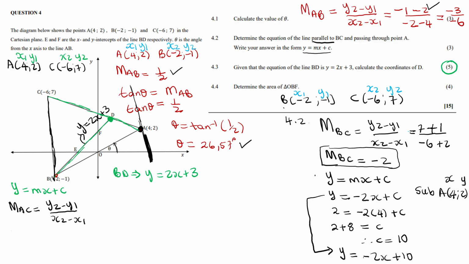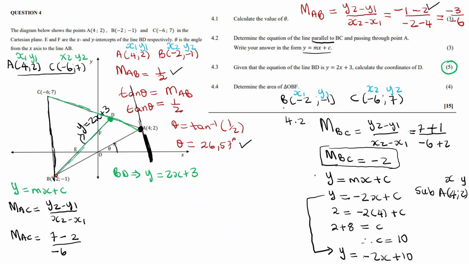What is the gradient of AC if we substitute? So the gradient of AC is equal to y2, it's 7, minus y1, which is 2. So the top part, we can see that we're going to have 5, divided by your x2, which is minus 6. Remember, we are looking at these points.